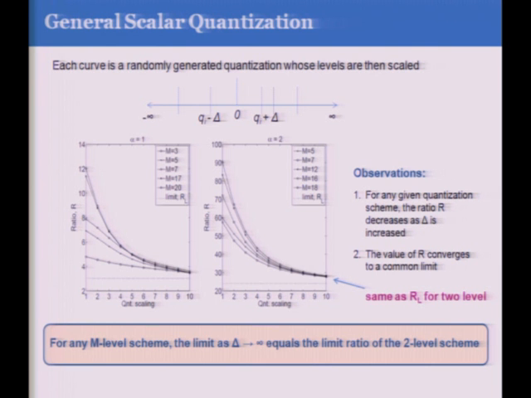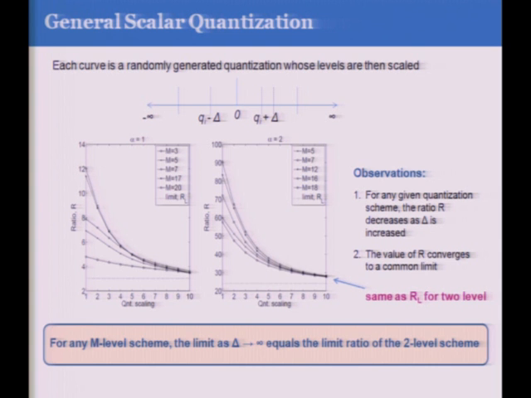And the x-axis is some kind of scaling that I'm applying. The scaling is as follows: all the positive quantization levels are increased by some amount delta, and all the negative levels I decrease by the same amount delta. So if I keep increasing delta, I'm just taking the center interval and stretching it out. Essentially, I'm making the quantization more and more coarse, because most of the mass will start to lie in the center interval.